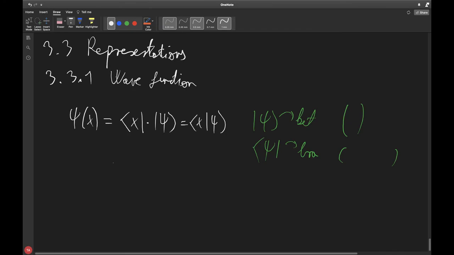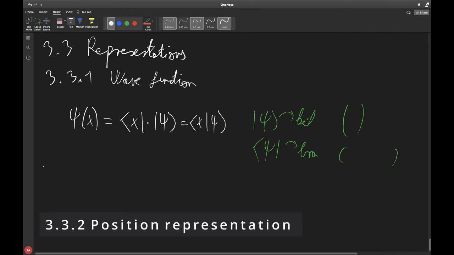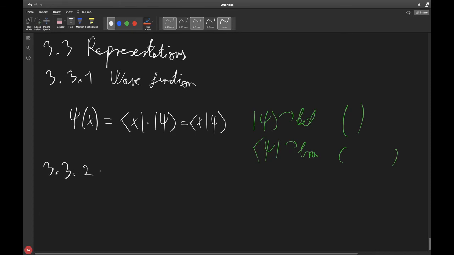These two things together are leading us to the wave function. The next thing is the position representation. 3.3.2 is for position representation.